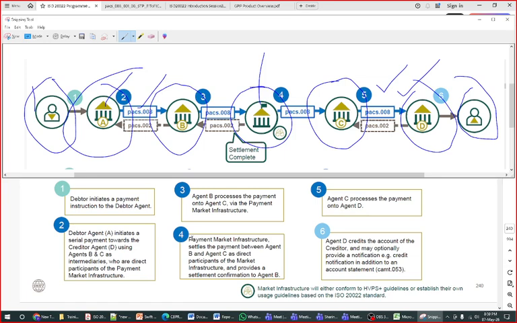Now number 4, the market infrastructure settles the payment between agent B and C. As I told you, clearing and settlement is done by the market infrastructure here. As a participant, the infrastructure provides a settlement confirmation to agent B. So what happened here? Every time a Pacs2 message is sent from the next bank to the previous bank.